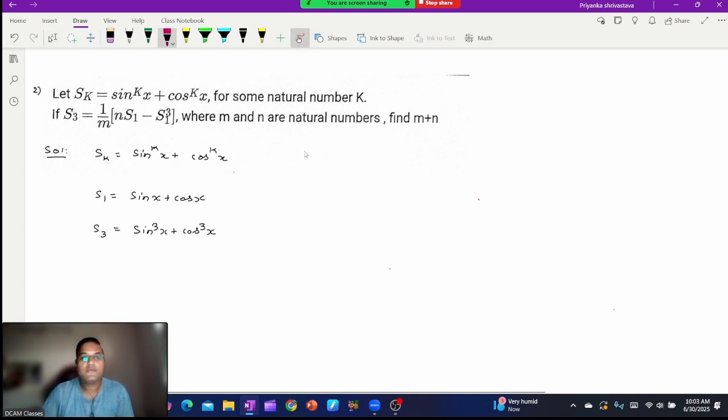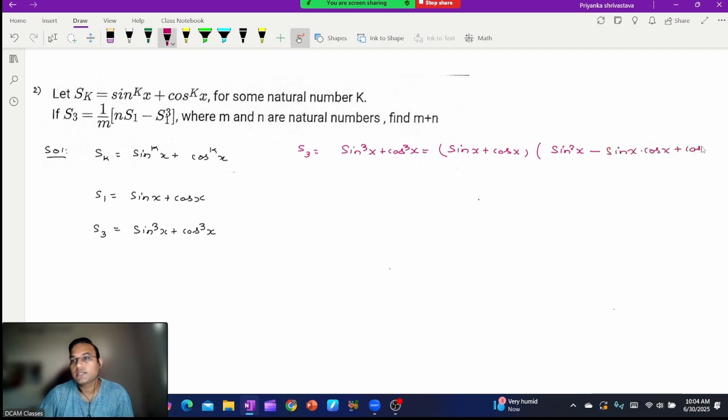The other way that we can do is, because S3 is given to us, it is sin cube x plus cos cube x. I can write this as (a plus b) into (a square minus ab plus b square). So it will be (sin x plus cos x) into (sin square x minus sin x cos x plus cos square x).